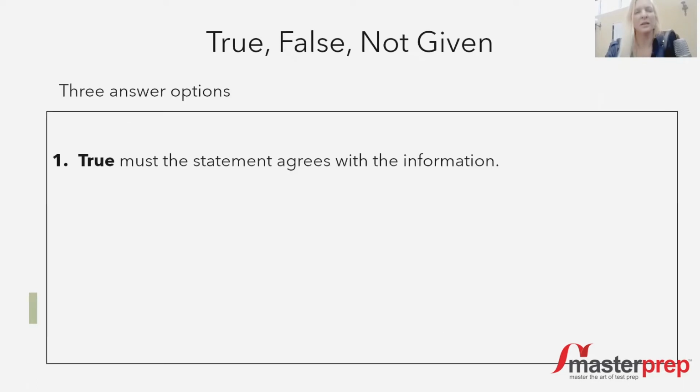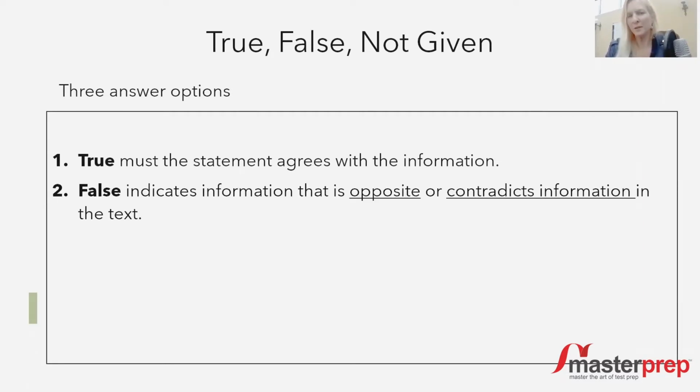So what does true mean? A true statement means that the meaning of that sentence appears in the text. It may appear as a paraphrase, it may appear in a slightly different way, but the information is provided in the text. A false statement means that it is contradictory to information in the passage.